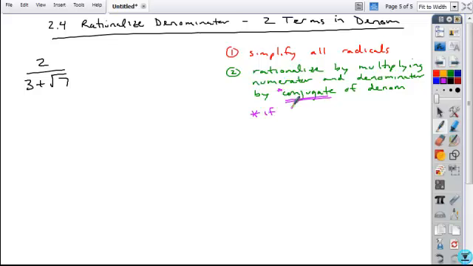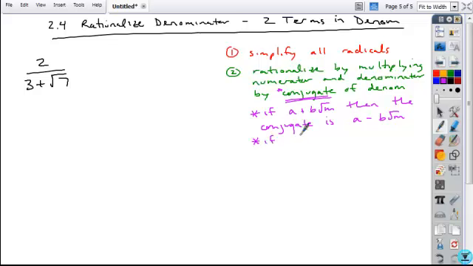What that means is if your original expression was a plus b root m, then the conjugate is going to be the exact same two terms, so a and b root m, and just the opposite sign between them.